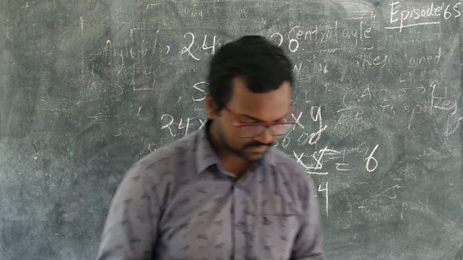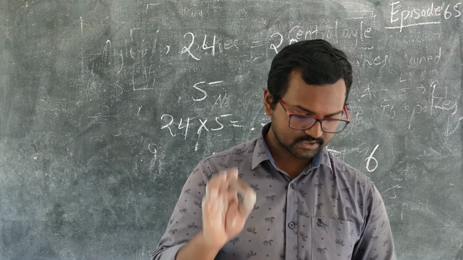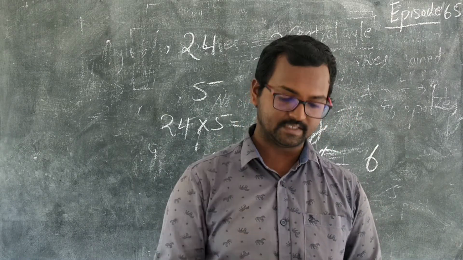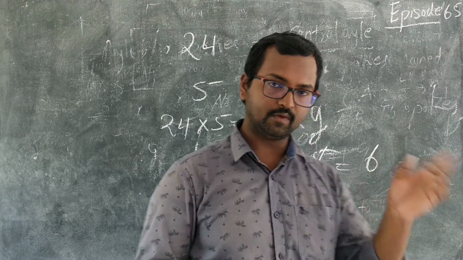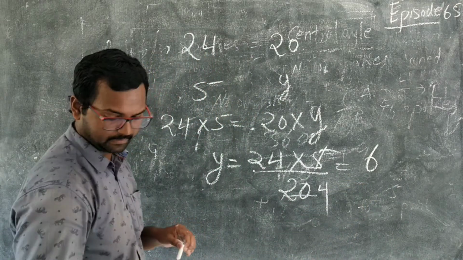So each child will get 6 sweets. Initially they were getting 5, now they will get 6.